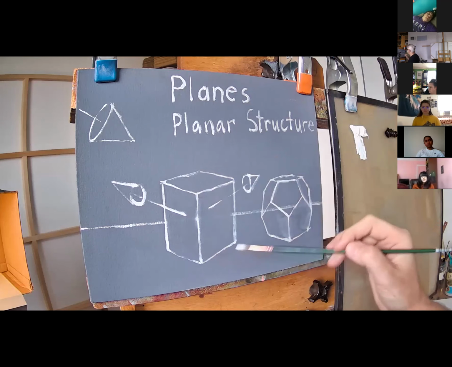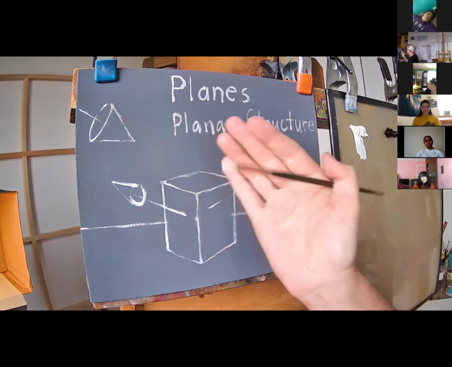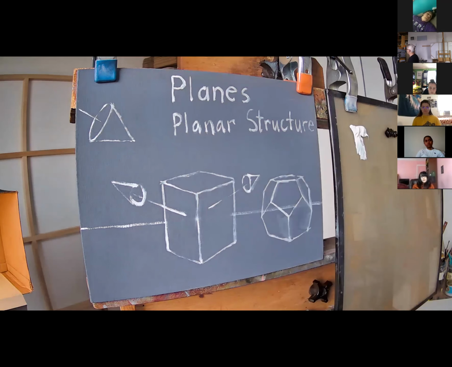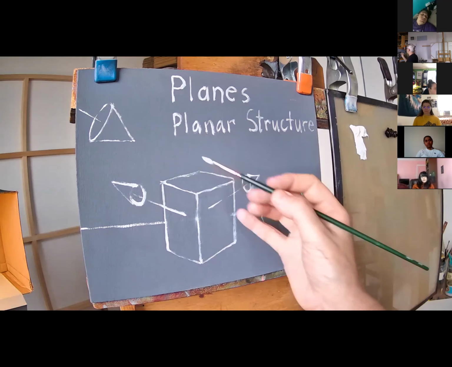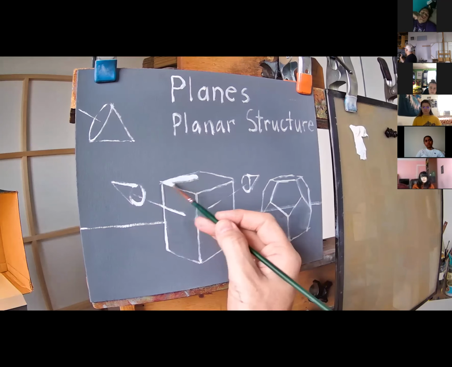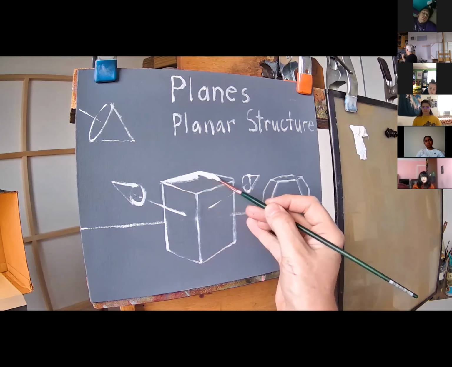So what do we know happens to these objects if they are being illuminated from a light source coming from the left and slightly above? We know that the planes that are facing the light source, or almost facing the light source, are going to be strongly illuminated.